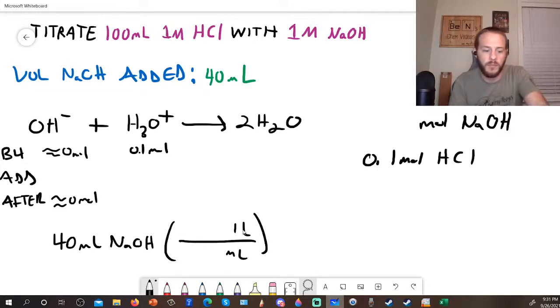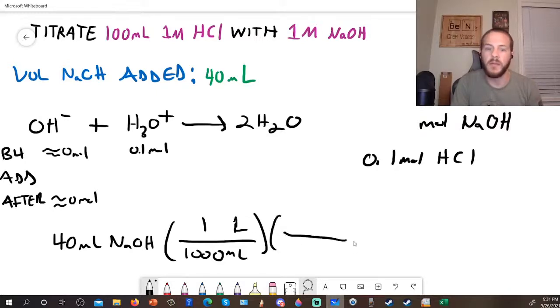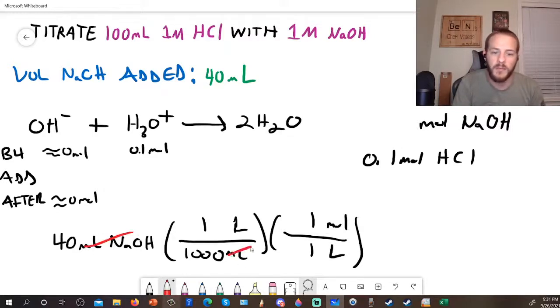And again, the reason why we convert it to liters is because molarity is moles per liter. So we have to convert our volume to liters in order to use molarity to convert to moles. And since it's a 1 molar solution, that means that for every 1 liter, we have 1 mole of sodium hydroxide. Gonna make sure my units cancel, and it looks like they do.